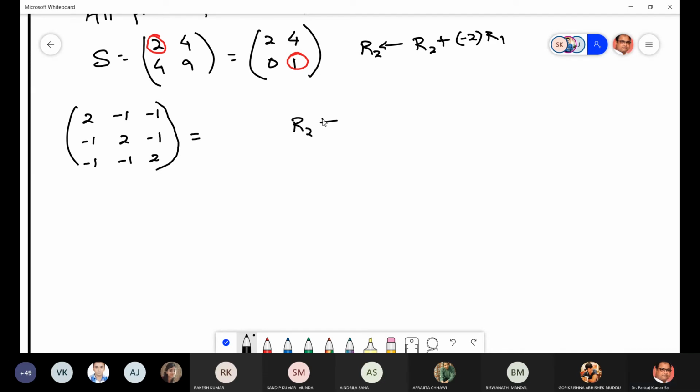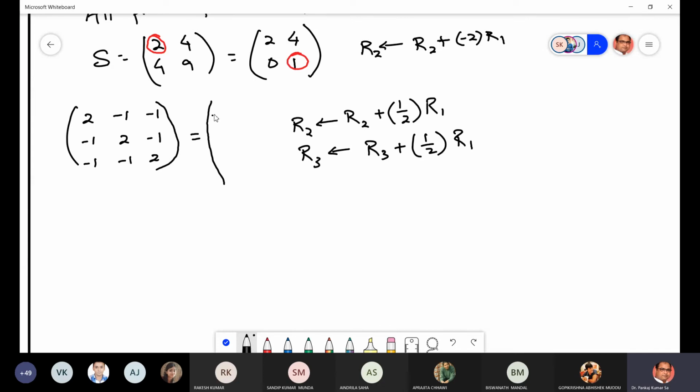R2 is equal to R2 plus half of R1, and R3 is also the same. So how much does this become? 2 minus 1 is 1... The first element is 0.